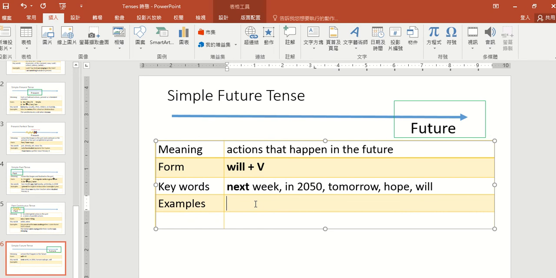Okay, and the keywords will be will, and then next week, the word next, and then in plus a specific year, or tomorrow, or when you see the word hope, or when you see the word will, right? Easy. So what are the examples?